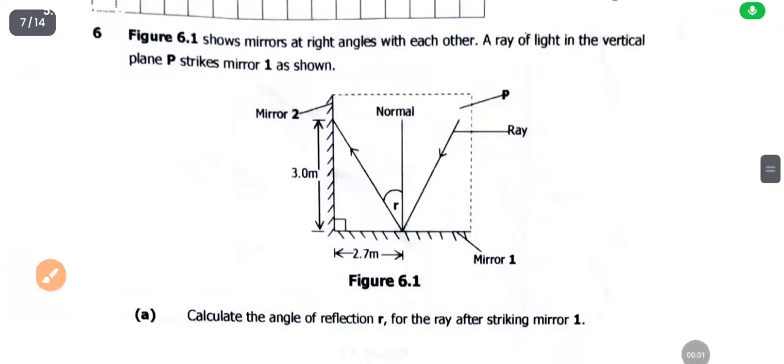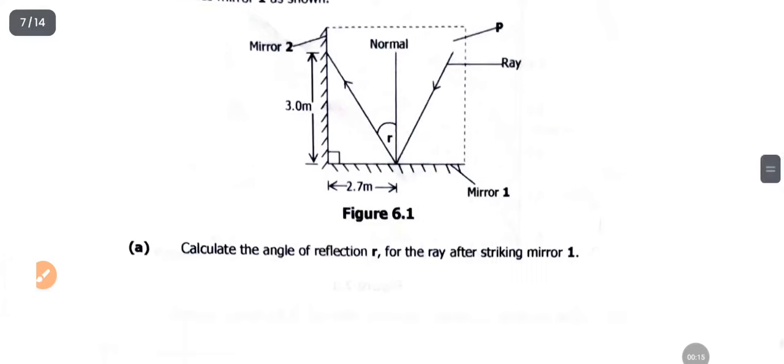Says figure 6.1 shows mirrors at right angles with each other. A ray of light in the vertical plane B strikes mirror 1 as shown. And the question says calculate the angle of refraction R for the ray after striking mirror 1.